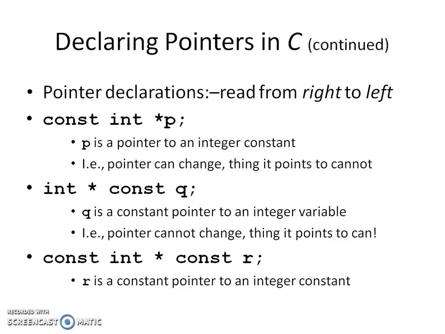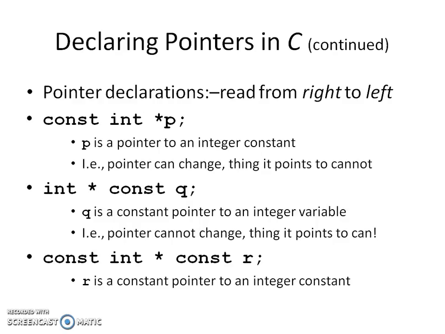Another one is int asterisk const q. Read it from the right-hand side: q is a constant pointer to an integer variable. In the previous one the pointer can change, it is not constant, but here the pointer is constant, so it cannot change.